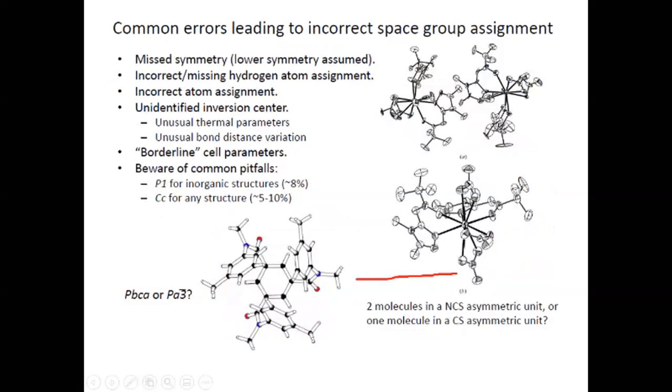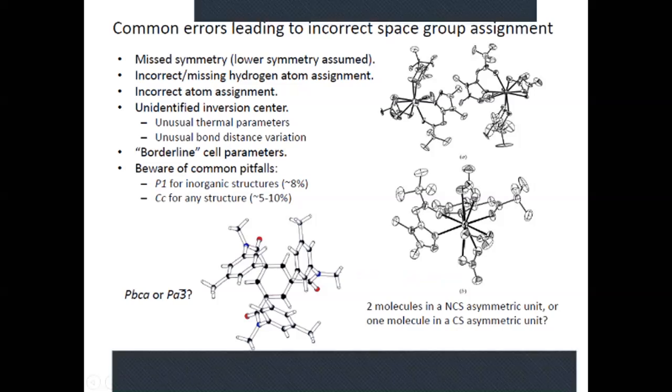So some things that can lead to incorrect space group assignment, and this will pop up when you do what's called a check CIF. So check CIF searches to see that you have the correct space group assigned. And so one of the most common ones is missymmetry. So you assign it a lower space group because you think it has less symmetry than it actually has.